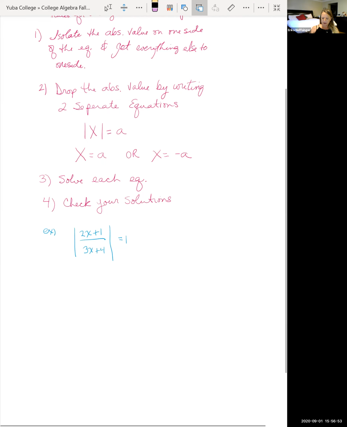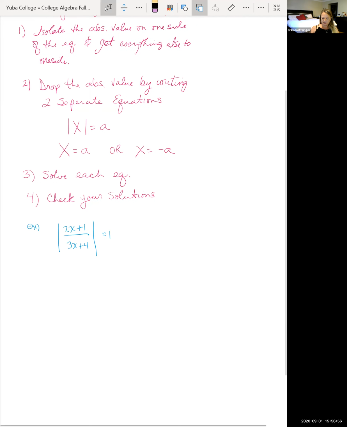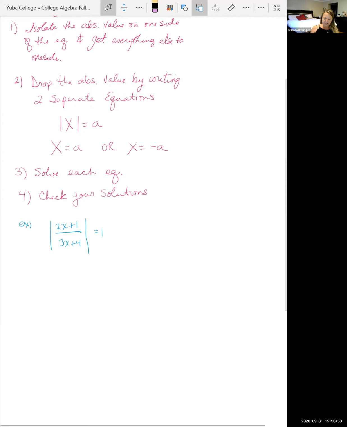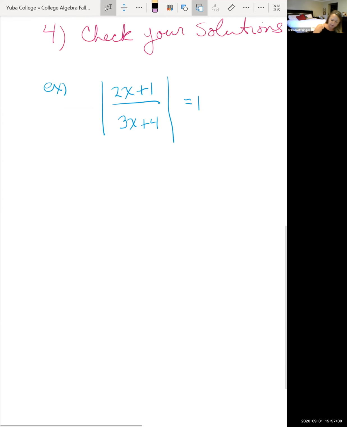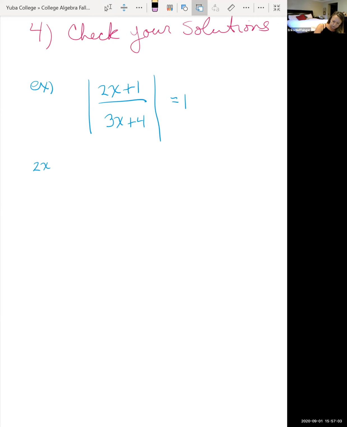So now we want to rewrite this as two separate equations. We have 2x plus 1 all over 3x plus 4 is equal to positive 1, or we have 2x plus 1 all over 3x plus 4 is equal to negative 1.